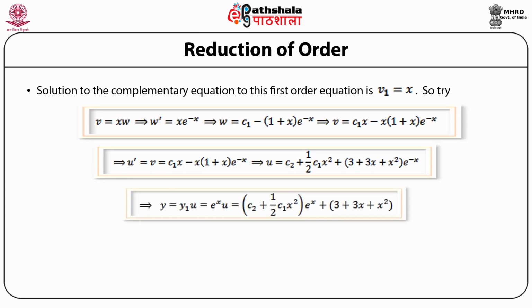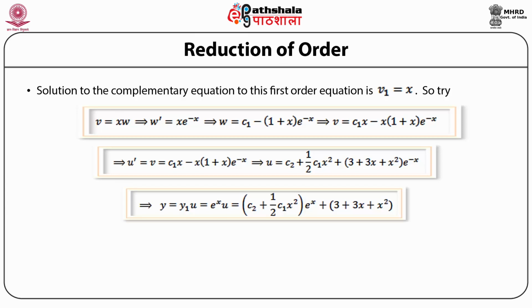Finally, the solution y is the product of y1 and u and is given by e raised to power x times u. So y is equal to e raised to power x multiplied by c2 plus c1 x squared divided by 2 plus e raised to power minus x times within the brackets 3 plus 3x plus x squared.